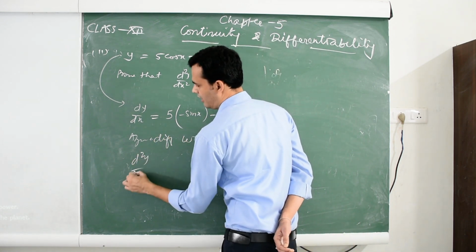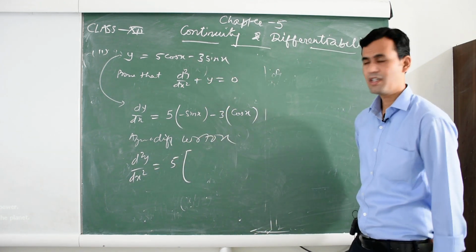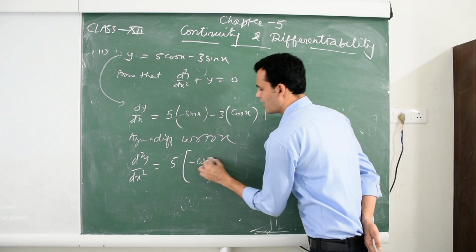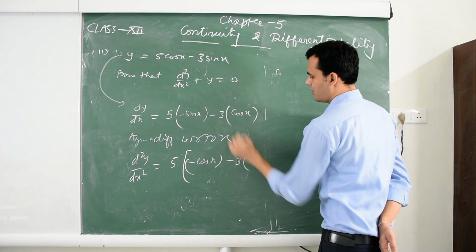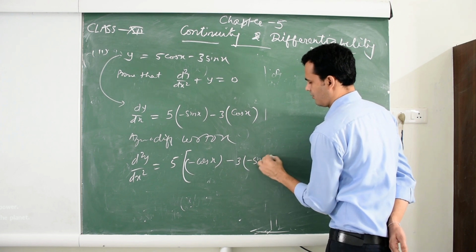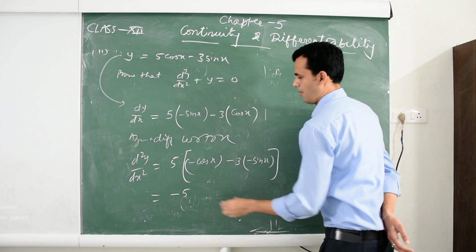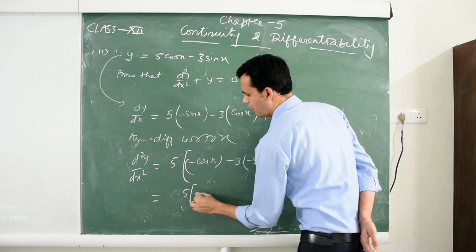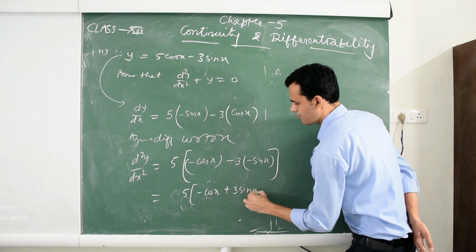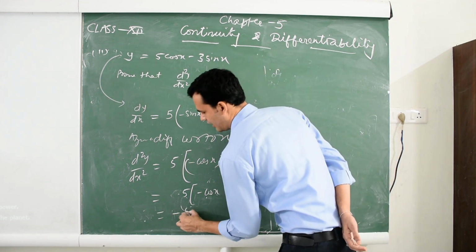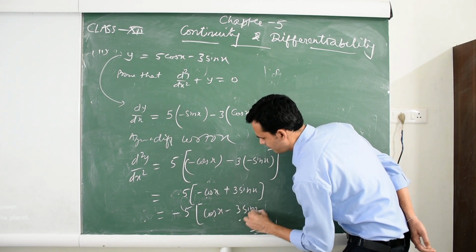So d2y by dx square: 5 times differentiation of sin x is cos x, so it is minus cos x, minus 3 times differentiation of cos x is minus sin x. So taking 5 minus cos x plus 3 sin x, take minus common, so we get cos x minus 3 sin x.